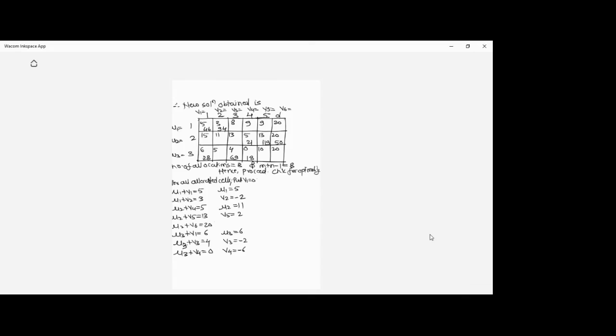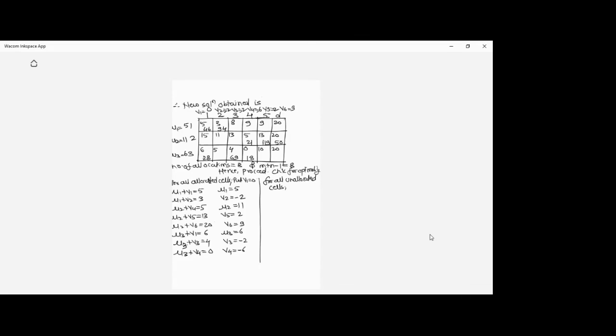And u2 we already know it is 11, so v6 will be equal to 9. So putting all these values, substituting here, u is 5, 11, 6. So v1 is 0, v2 is minus 2, v3 is minus 2, v4 is minus 6, v5 is 2, and v6 is 9, right?